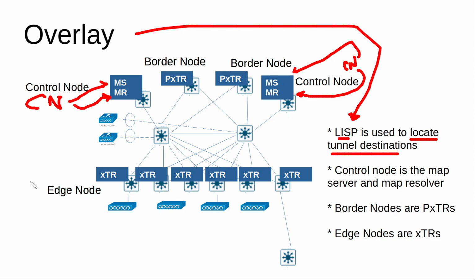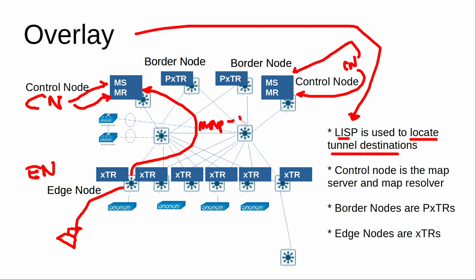And the edge nodes are xTRs. So as xTRs, if you, for instance, connect a device here, the edge node's responsibility is to register this device with the map server, which in this case is the control node, and it will use a map register message in order to do so.